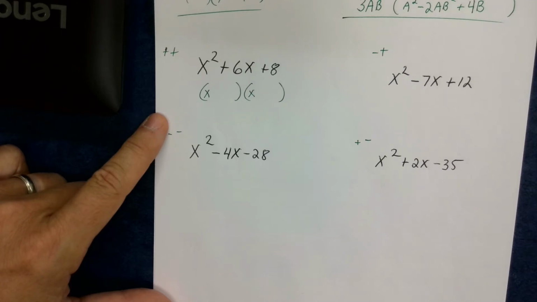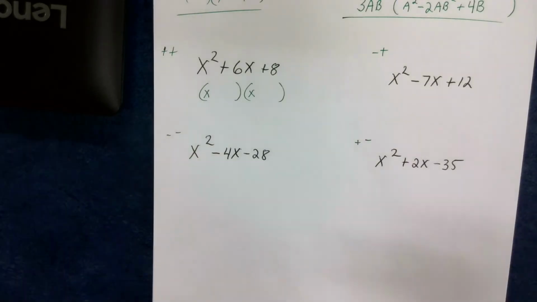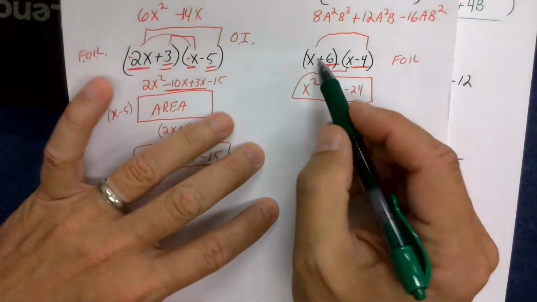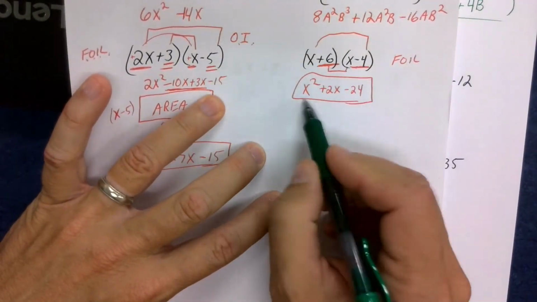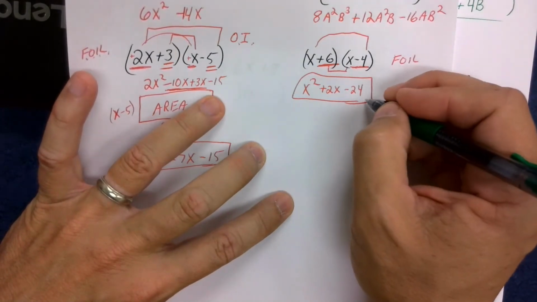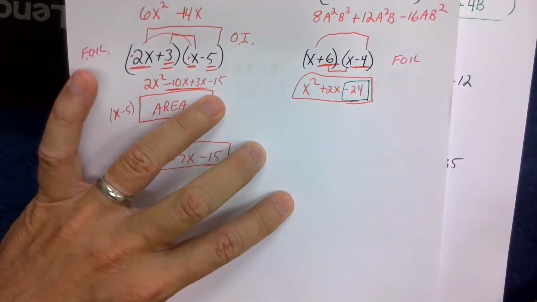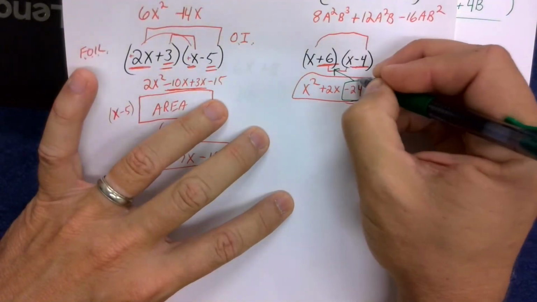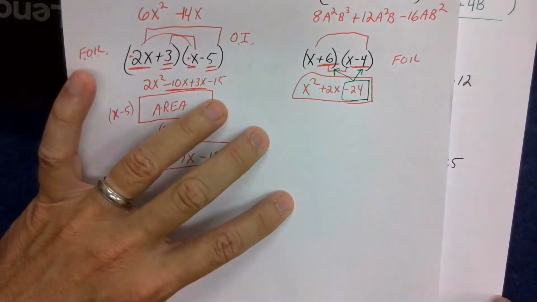Now, how does this work out? If you look back at this problem just a little while ago, we knew that x plus 6 times x minus 4 gave me this. Well, guess what? Here's how easy this is. This number right here, this last thing, you get from those 2 numbers.